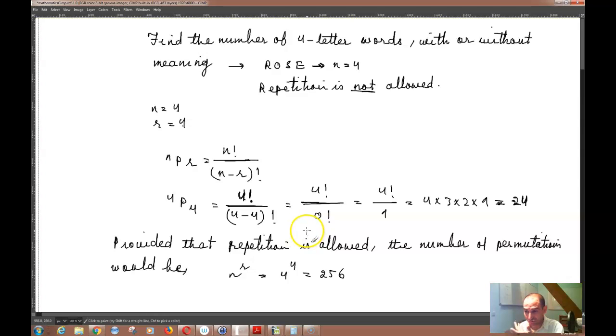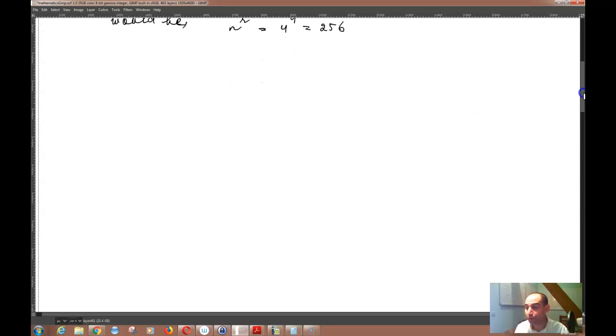And for example, if you want to calculate the number of 3-letter words which can be formed by the letters of the word number, again we can calculate that as well.